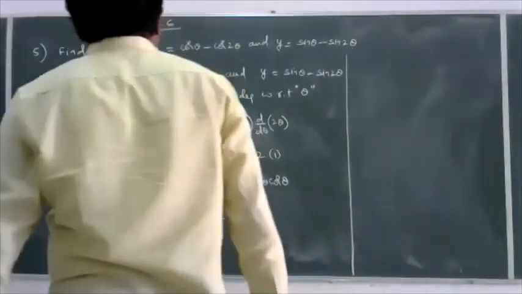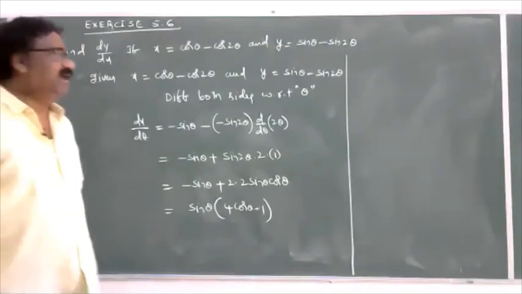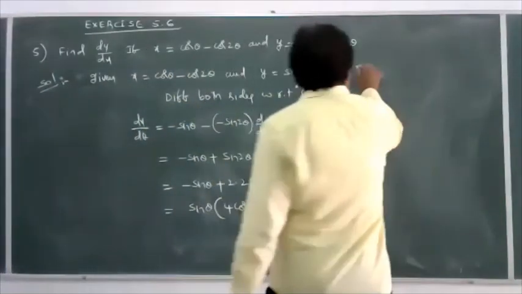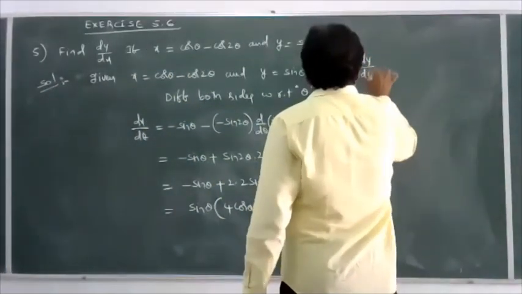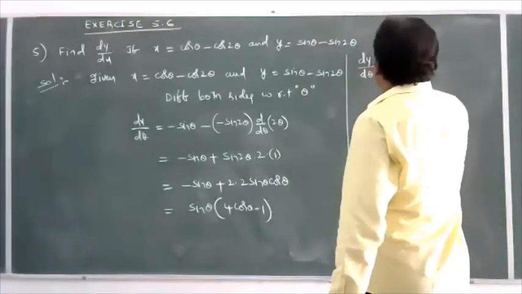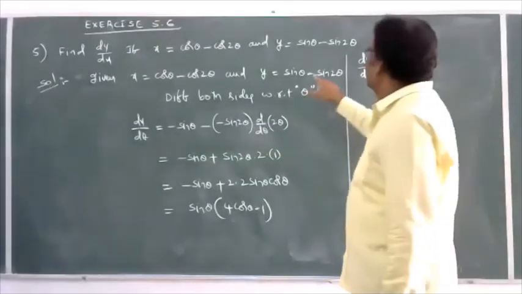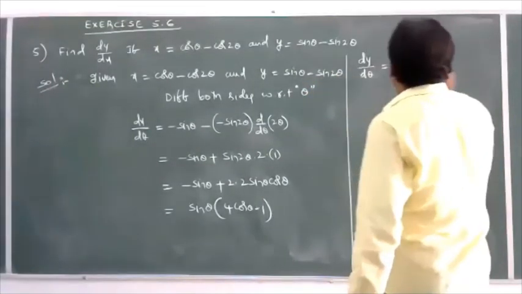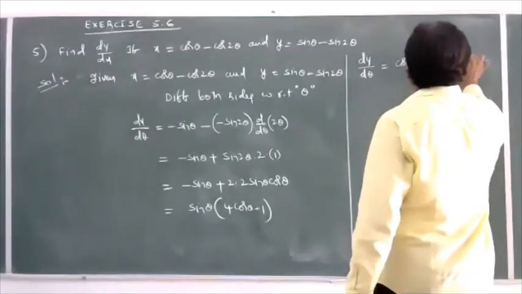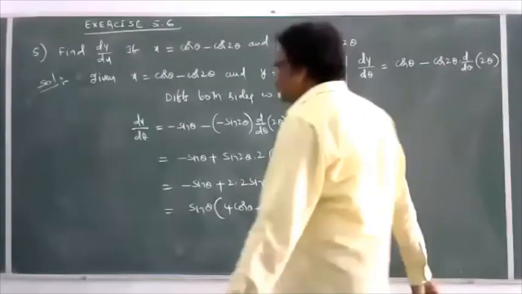Then dy by d theta. dy by d theta is equal to, what is the sin theta derivative? Cos theta. Sin theta derivative cos theta minus sin 2 theta derivative cos 2 theta into d by d theta of 2 theta by using chain rule.